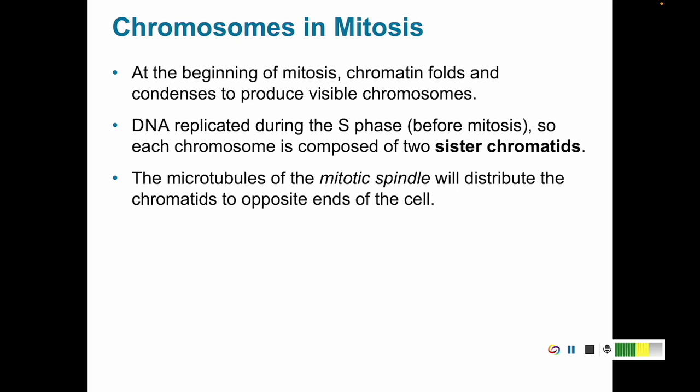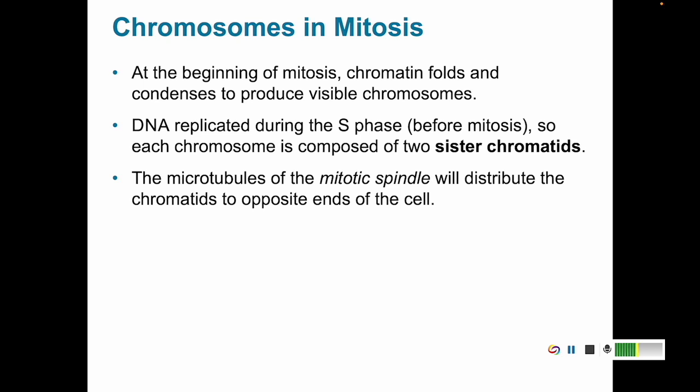When your prophase has started, you actually have visible chromosomes. You can look in a light microscope and actually see those chromosomes. This is going to be after interphase. DNA is going to be replicated during the S phase of interphase. So each chromosome during mitosis is composed of two sister chromatids.